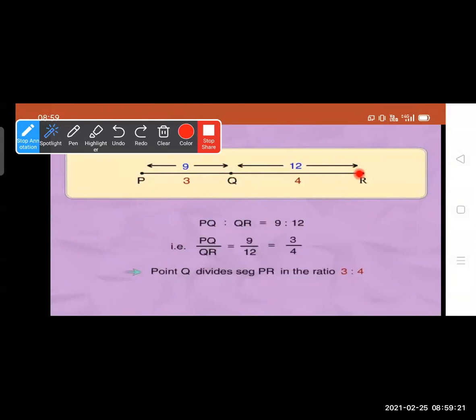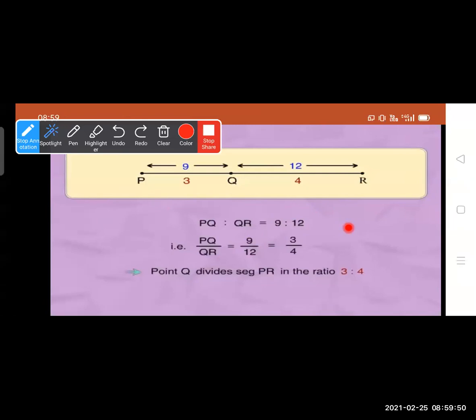See in the figure, the distance PQ is equal to 9 and distance QR is equal to 12. So we write PQ:QR is equal to 9:12. Then PQ by QR is equal to 9/12. These two numbers are divisible by 3. So 3 3s are 9, 3 4s are 12. So we get the ratio 3:4.